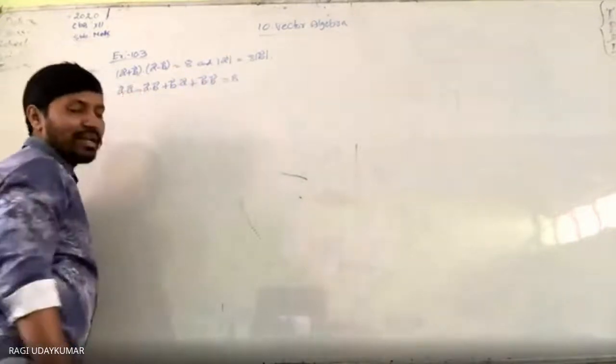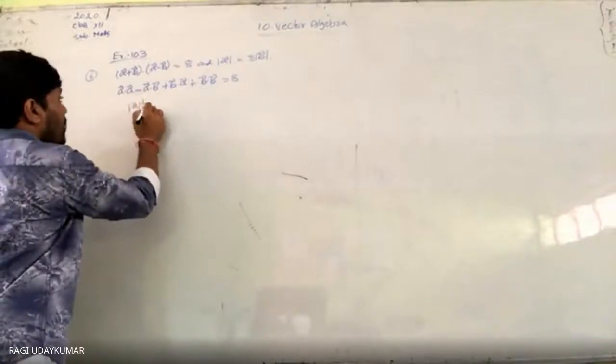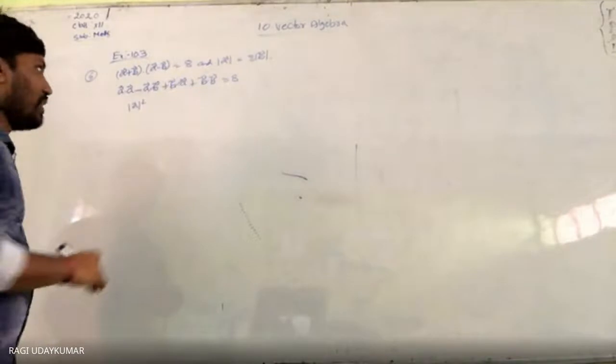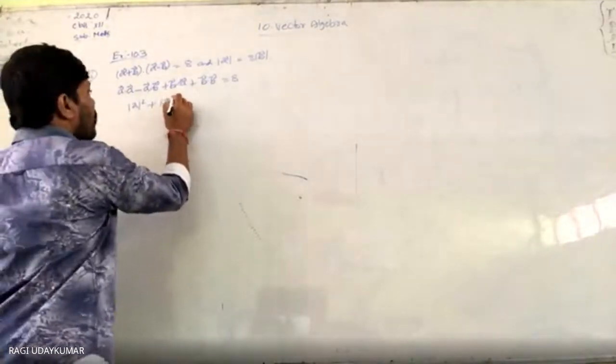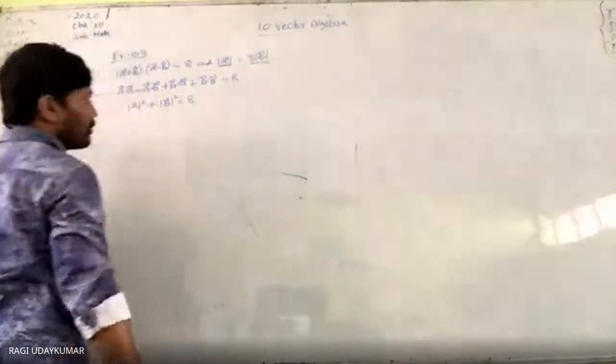So A bar dot A bar can be written as magnitude of A bar whole square. These two same terms will cancel because the commutative property is satisfied, and this is magnitude of B bar whole square. Magnitude of A bar can be written as 8 times magnitude of B bar.